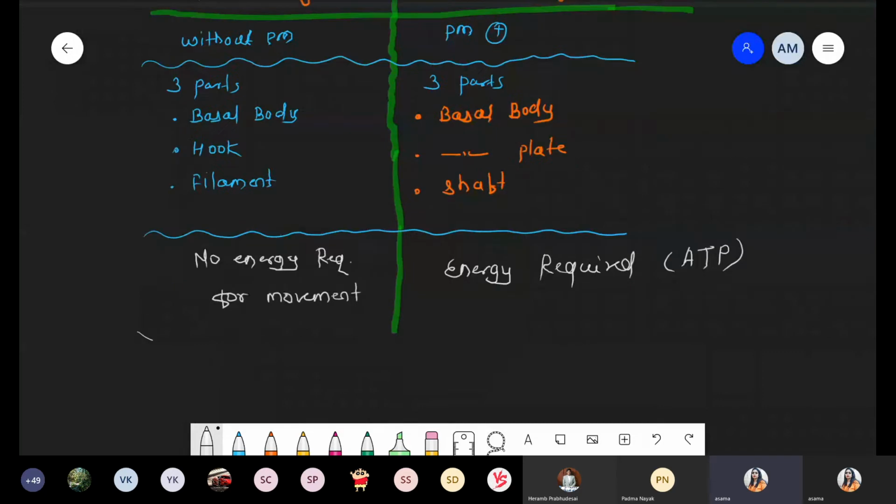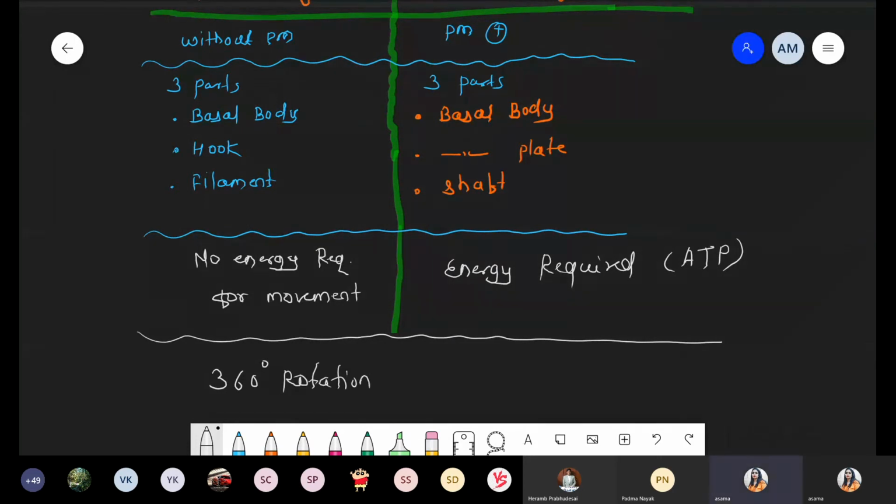The next point is the degree angle of rotation. We already discussed it: it will show 360-degree circular rotation. When we are talking about eukaryotic flagella, it will show 180-degree rotation, like a pendulum.